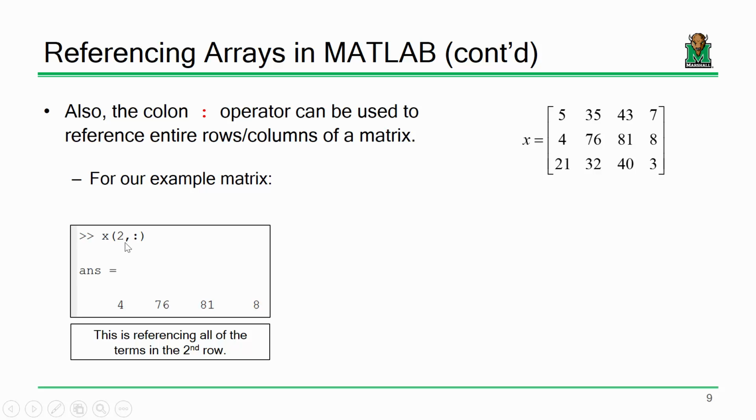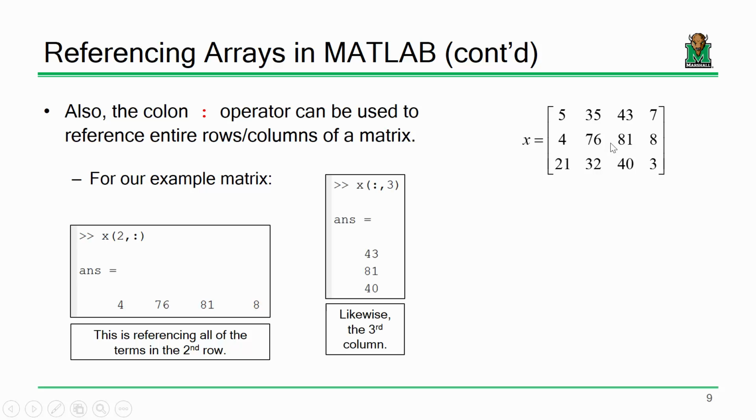So if you do 2, comma, colon, that means row 2, all of the columns that we've got. So it'll just report as shown there. Or if you say, for X, I want to know all of the rows, but the 3rd column, so here's our 3rd column, and all of the rows would be row 1, row 2, row 3, so 43, 81, 40. And that's what we'd get.